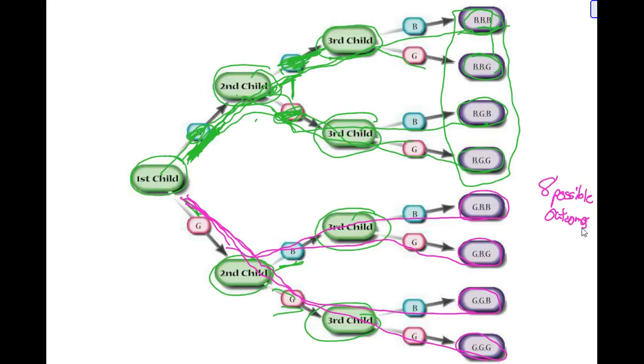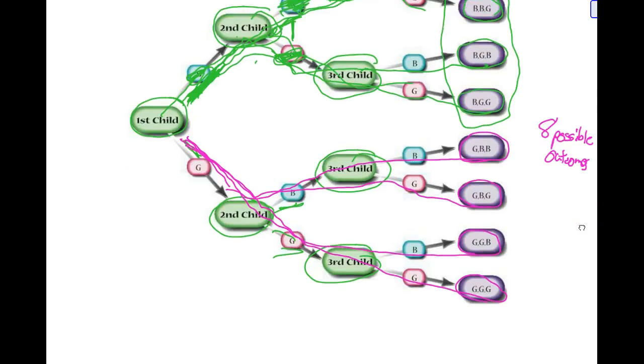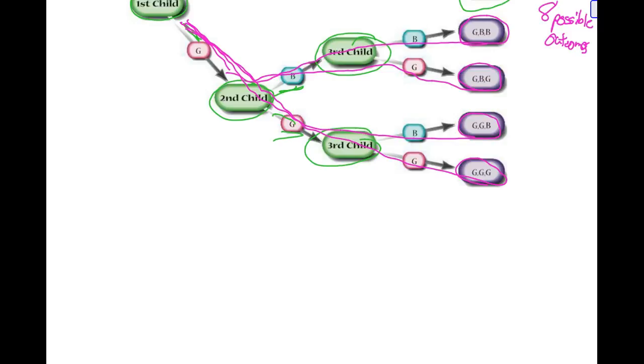One way to find out if you have gotten all of your outcomes is to look at how many outcomes there were for each event. Well, for the first child, there were 2 outcomes. For the second child, there were also 2 possible outcomes, a boy or a girl. For the third child, there was still a boy or a girl, so 2 possible outcomes. 2 times 2 times 2 gives you 8.